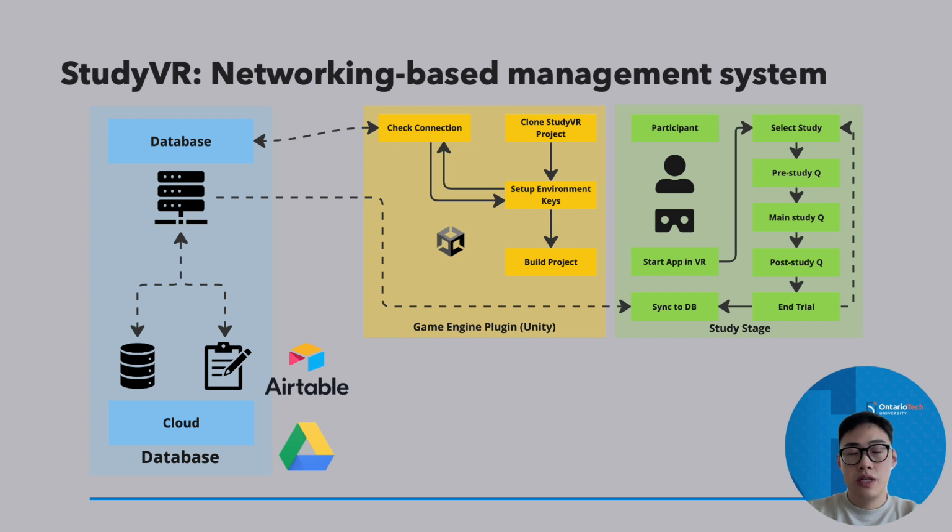And the system could then sync with the online database to fetch study configurations, questionnaires, and all of the required assets. The researchers can easily configure and manage their studies, and this includes uploading study assets, setting up the trials, questionnaires, study parameters, and more.